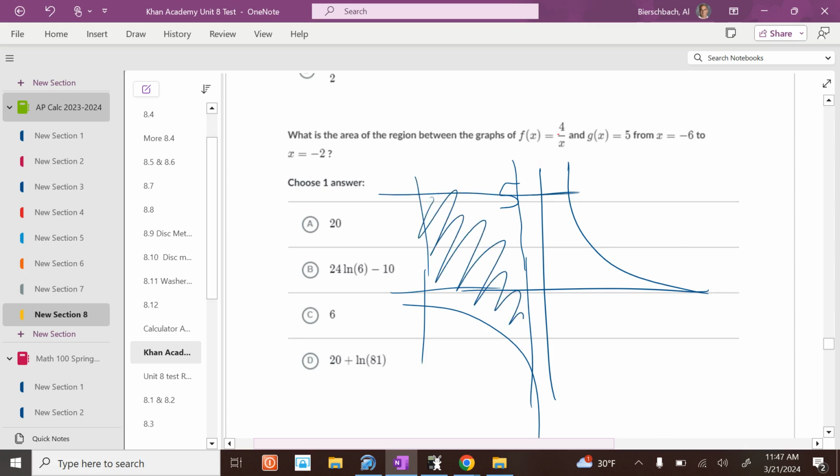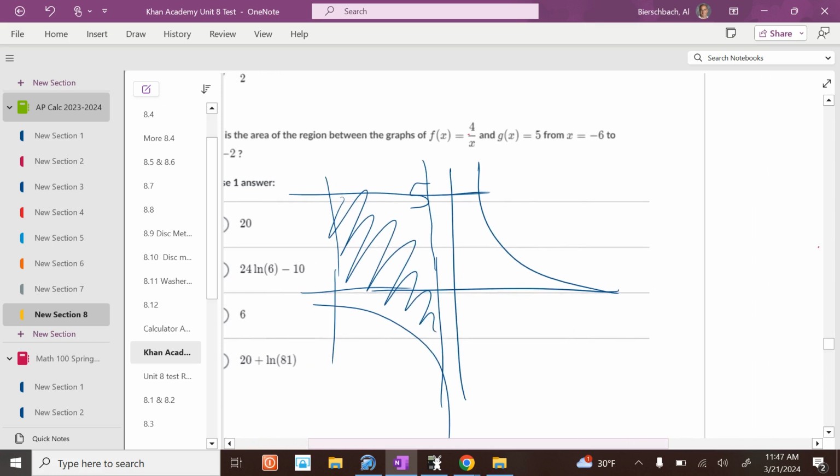So I think it must be this region we're looking at. So if we integrate this, it's the integral from -6 to -2 of the top curve, which is 5, minus the bottom curve, 4 over x.